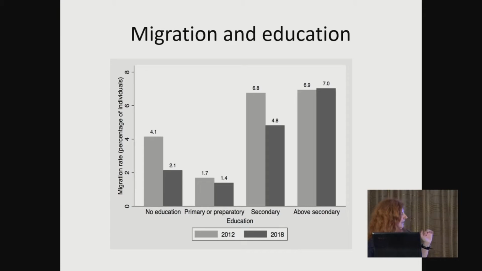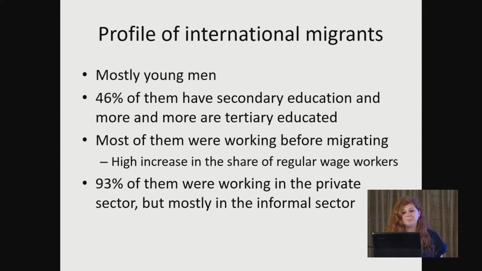And this is a little bit what we see, because as you can see, people having less education, no education, or primary and preparatory education have seen their migration rate decrease, while for those having above secondary education, we actually see a very slight increase in the migration rate. So the recent decrease in migration mainly concerns those who are less educated.